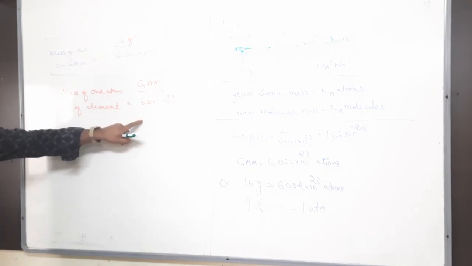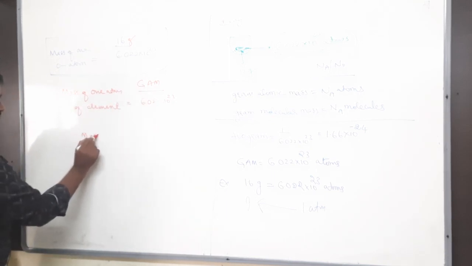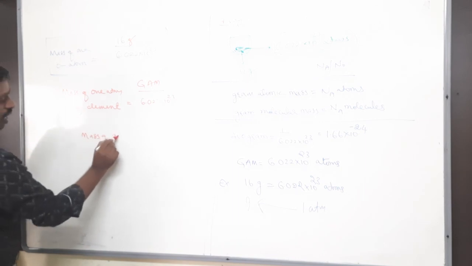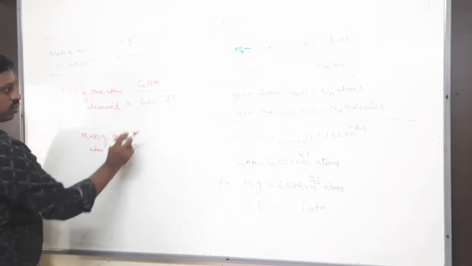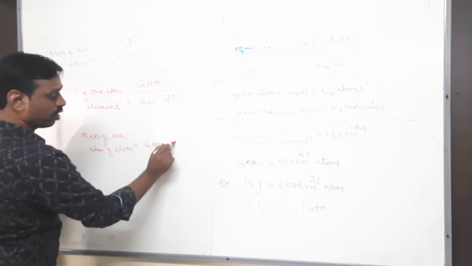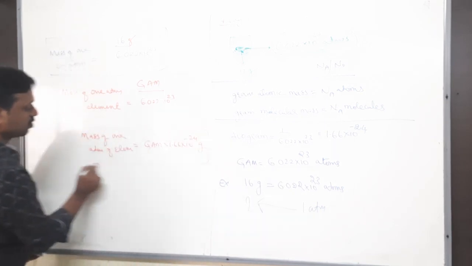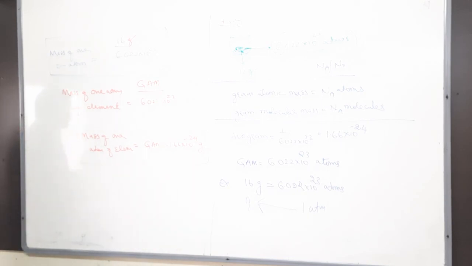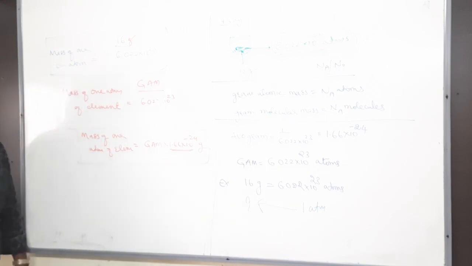Therefore, mass of one atom of an element is equal to gram atomic mass into 1.66 into 10 power minus 24 grams. So simple. If you want the absolute mass of any one atom of an element, take its gram atomic mass and multiply with this Avogram.